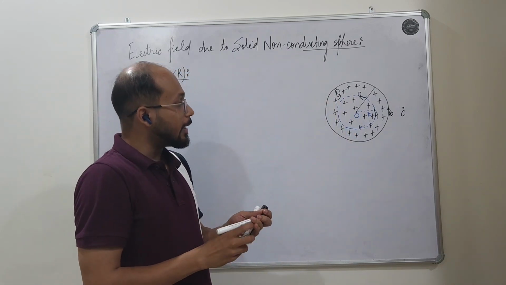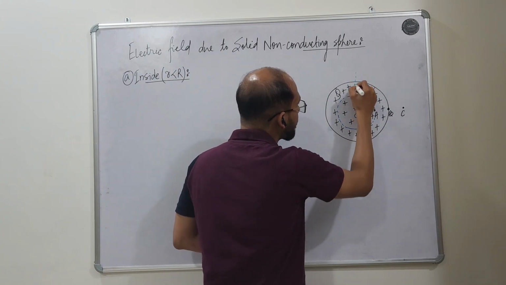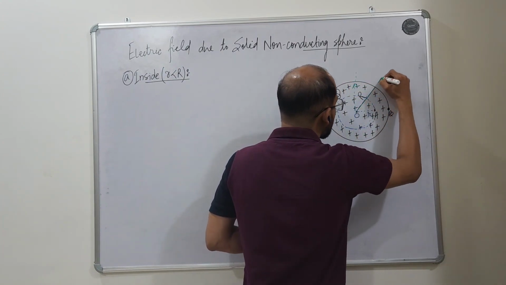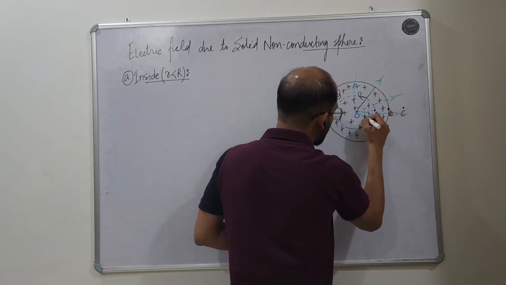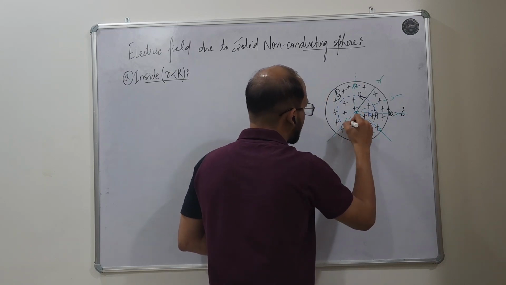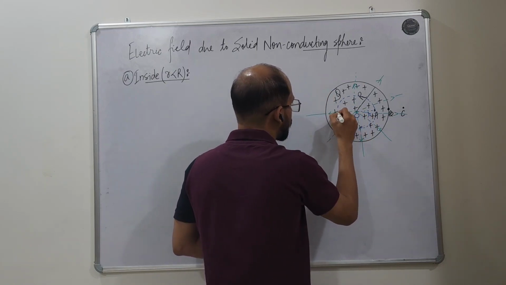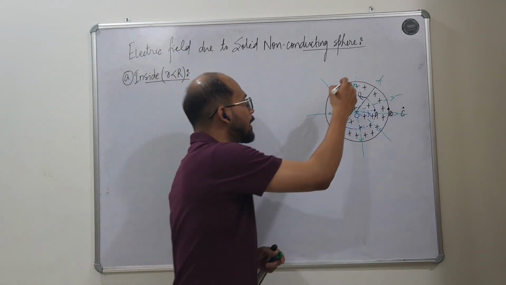That means the electric field here will be radially outward at each and every point. Now, this is the electric field.